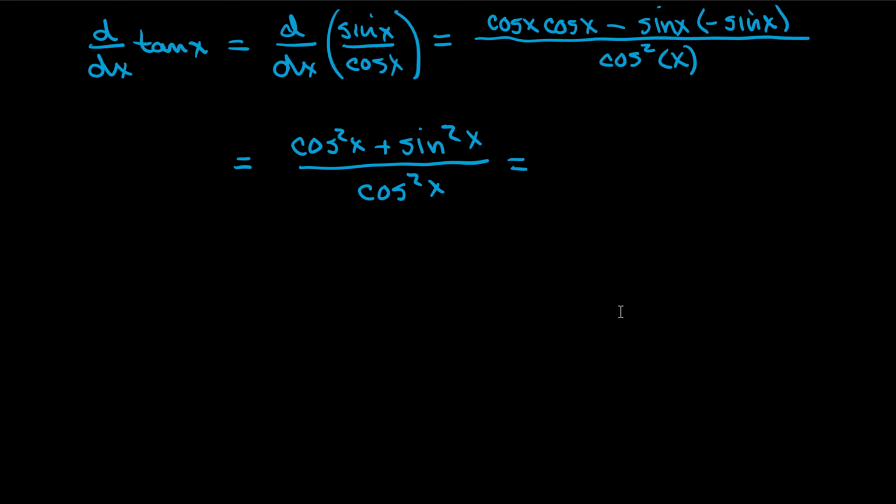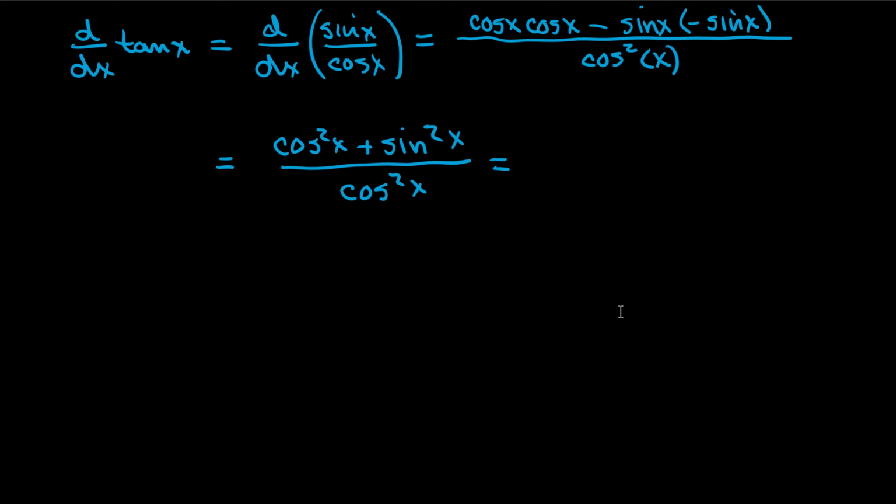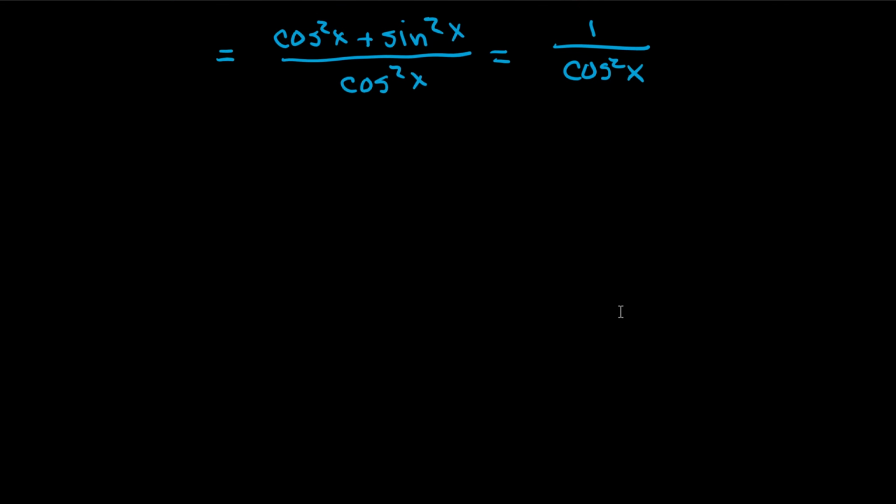Notice in the numerator, the sine squared doesn't have a cosine squared. But if you go back to the Trig review part 1, you may recall that cosine squared plus sine squared is just another way to say 1. And this winds up being 1 over cosine squared of x. Wonder what that gets us.